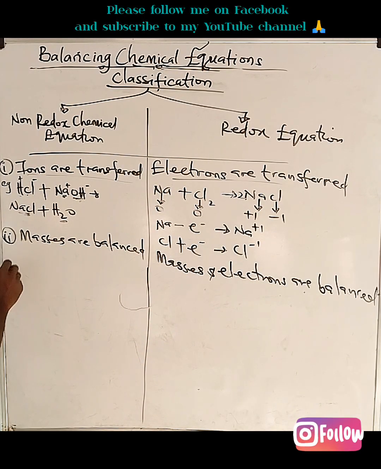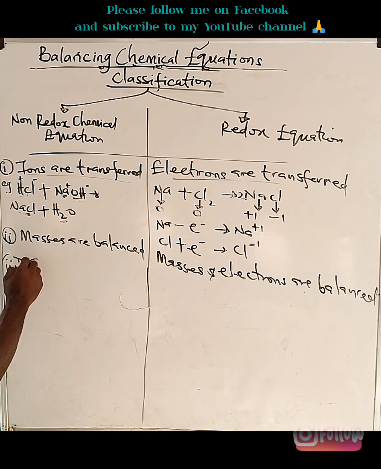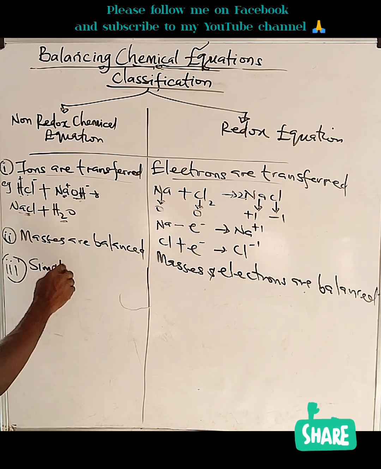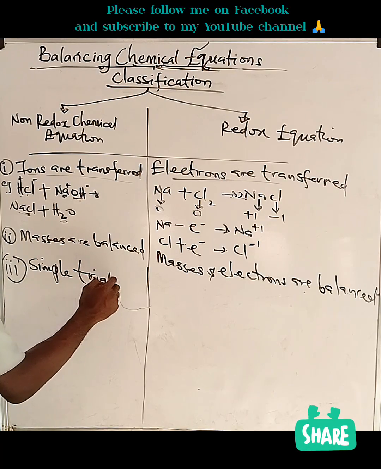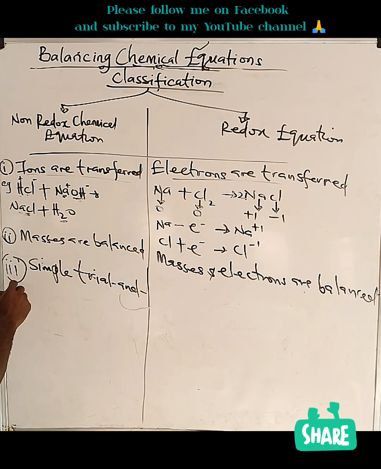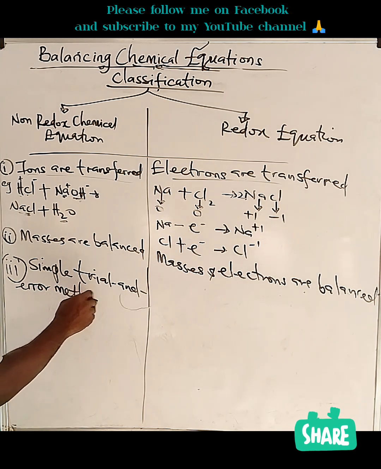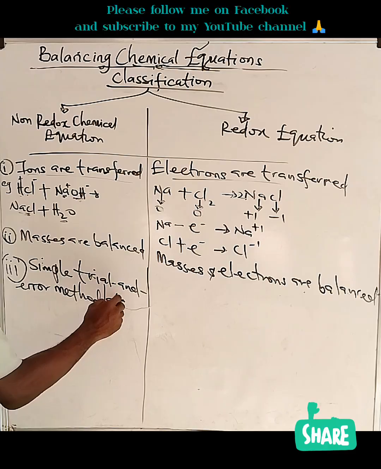So the very last difference we're going to be looking at today is simply this. When it comes to balancing a non-redox chemical equation, we use two major methods: the simple trial and error method, or the algebraic method, whichever we want to use.